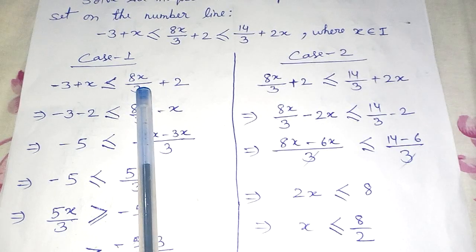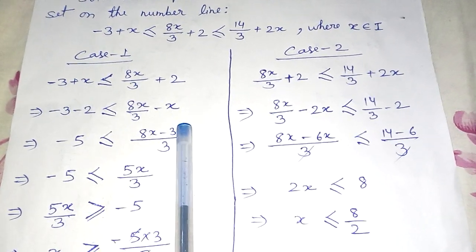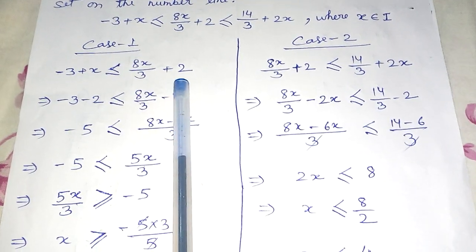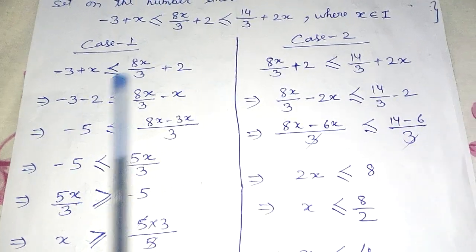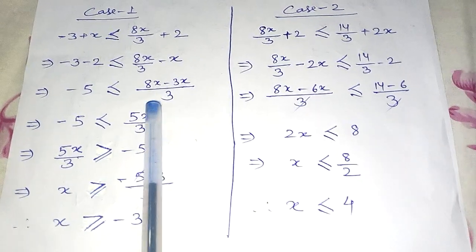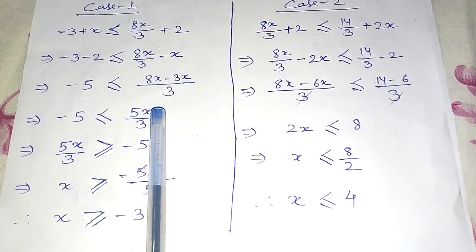So this x will remain in the same place, and this 1x will come this side and become minus x. And when x comes this side, automatically the numbers will shift to the other side: minus 3 and this minus 2, it is minus 5. When we do LCM here, our final result is 8x minus 3x, which is 5x by 3.